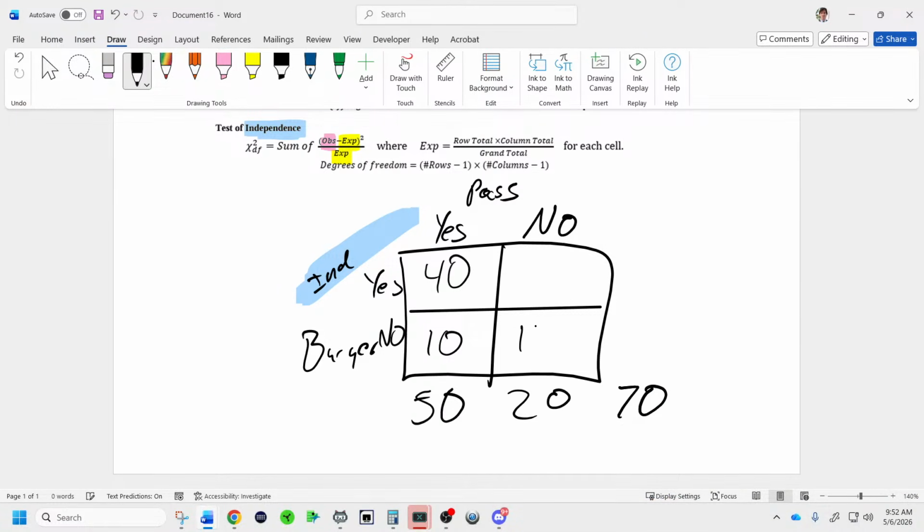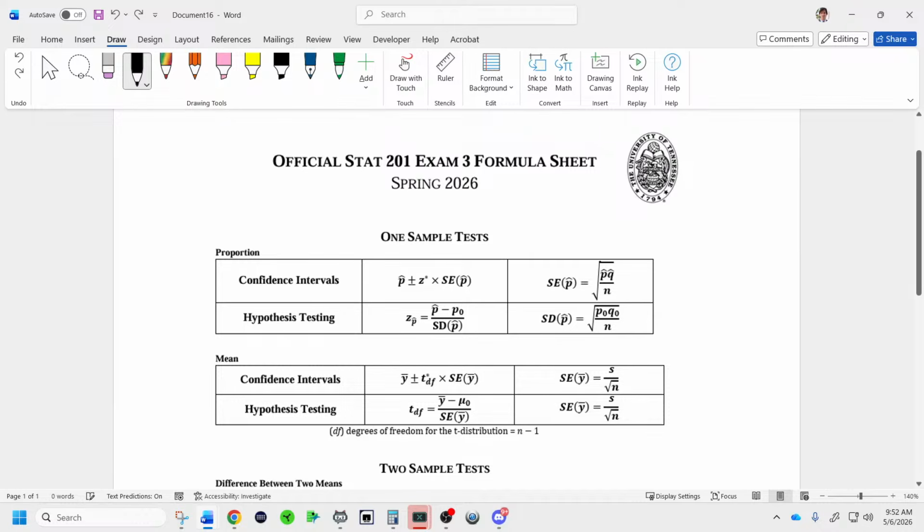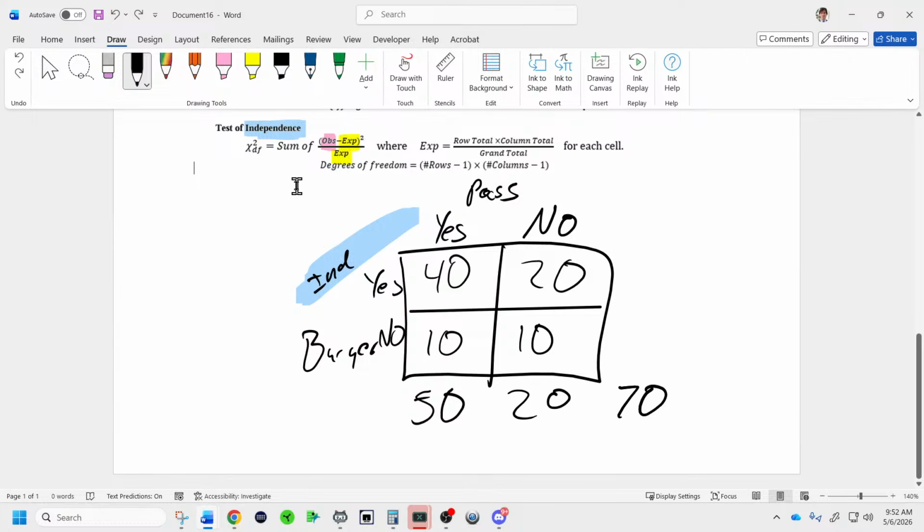And there were 10 students here, and then this would have to be 20. Is that right? I think, no. My numbers are off. I'm trying to make the numbers right here. If there's only 20 students there, I might not be able to make it work.